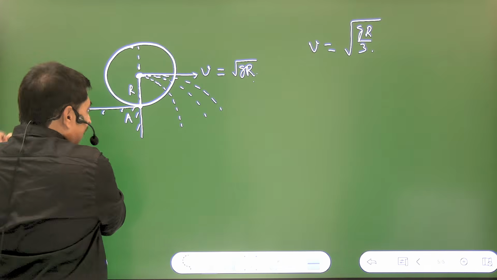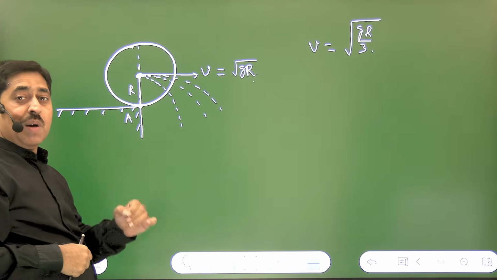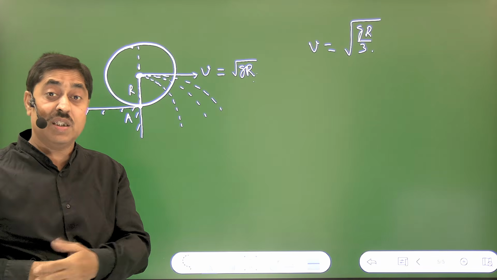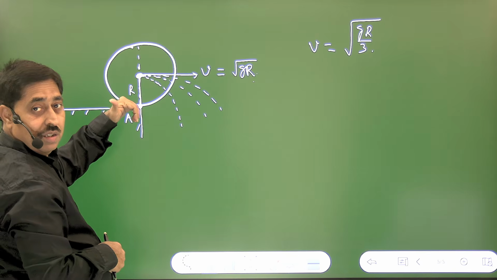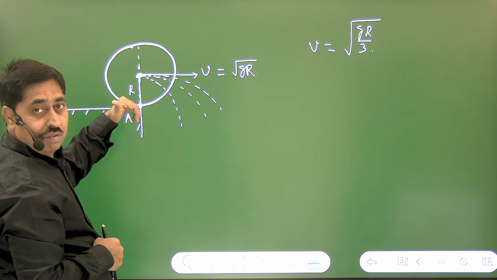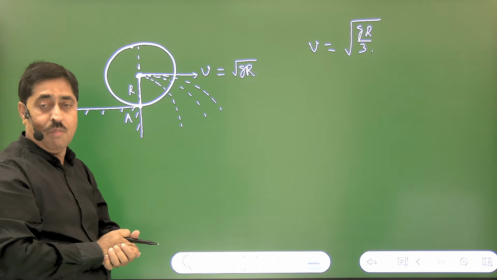So if really this table is removed, then the center of mass will move on a path that has radius of curvature less than r. But because this table is present, this cannot happen. The distance of the center of mass from this point has to remain r.